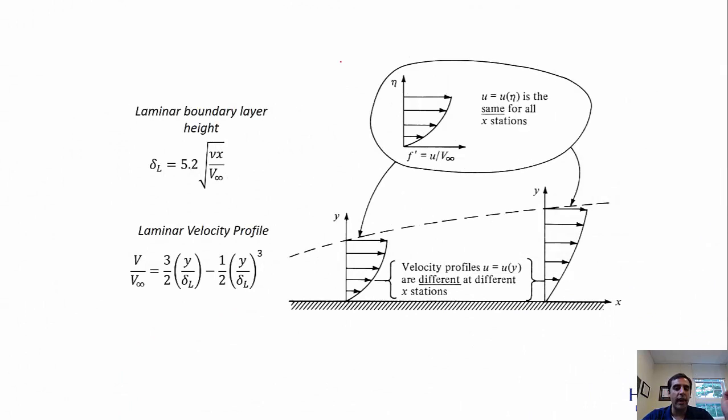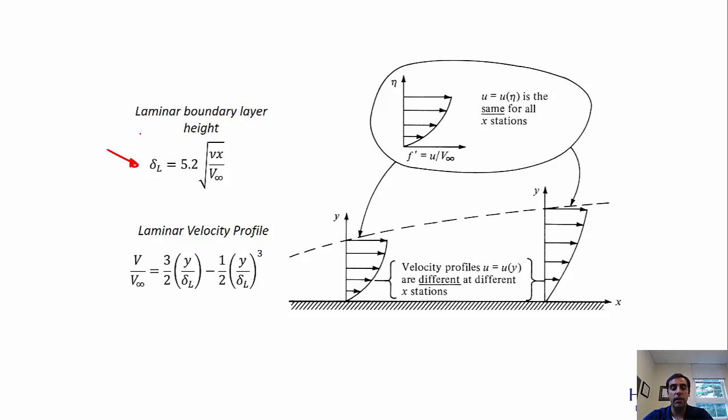If you have a laminar flow, the boundary layer height, which we'll call delta L, can be calculated as 5.2 times the square root of the kinematic viscosity nu times your position x divided by the free stream velocity.